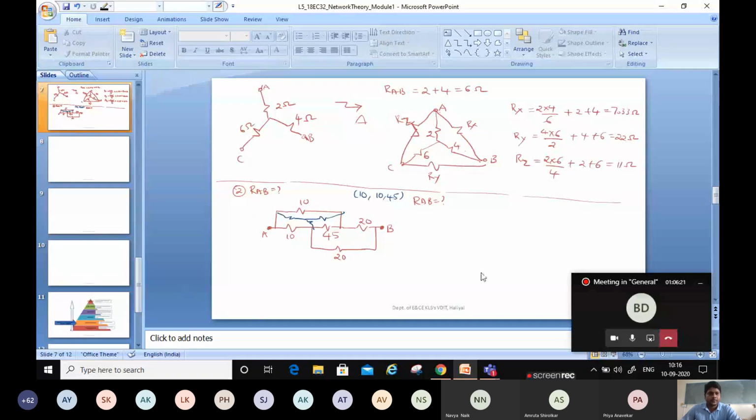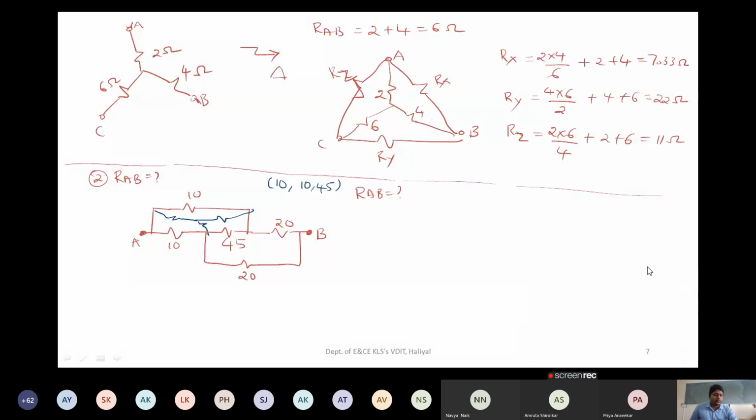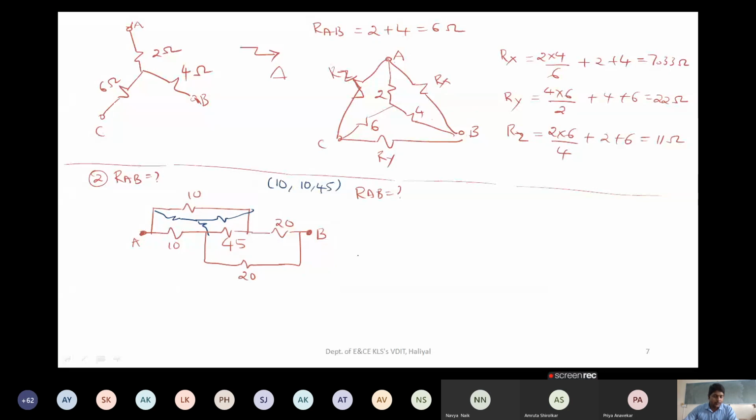Okay, coming back to this, between 10 and 10, so which one I have, this one. If you rewrite the equivalent circuit, I will get something like this.